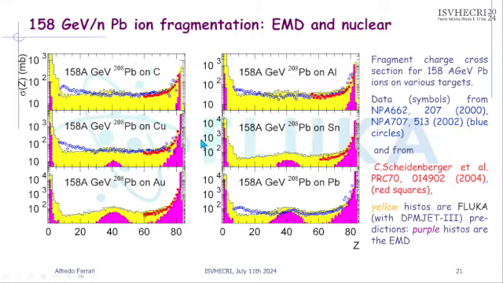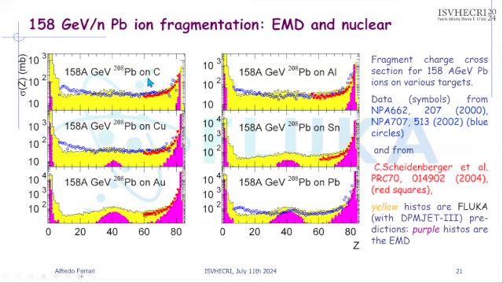Perhaps I will go very fast, just fragments produced in the same interactions, where the yellow part is what comes from nuclear interactions, in this case DPMJET, with the FLUKA evaporation and breakup. And the purple one is what comes from electromagnetic dissociation.